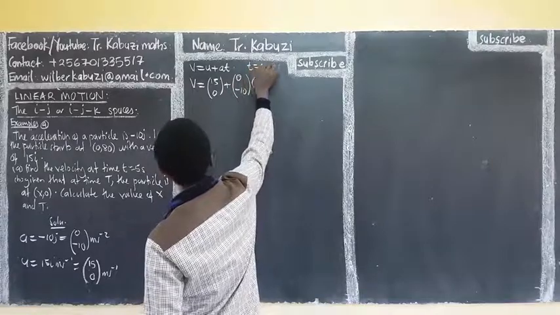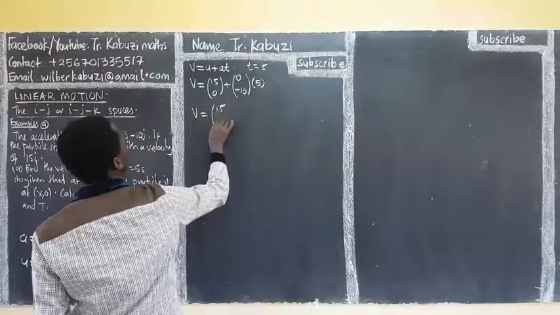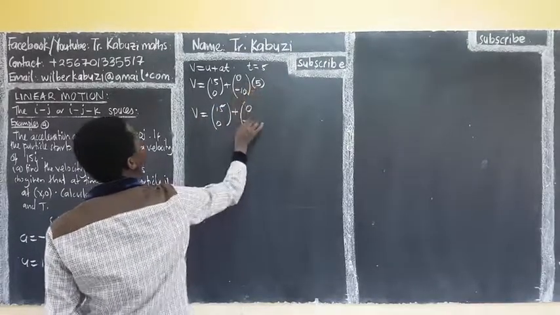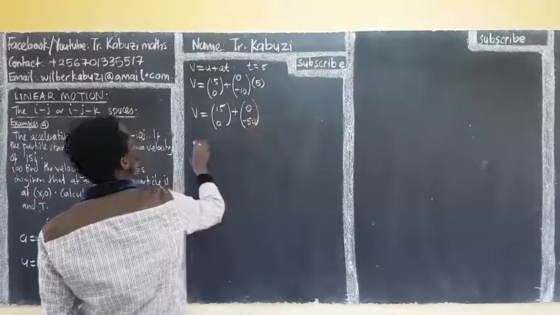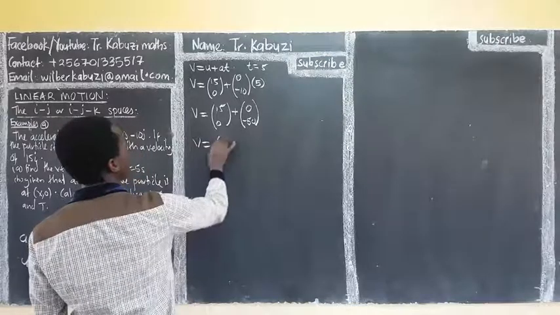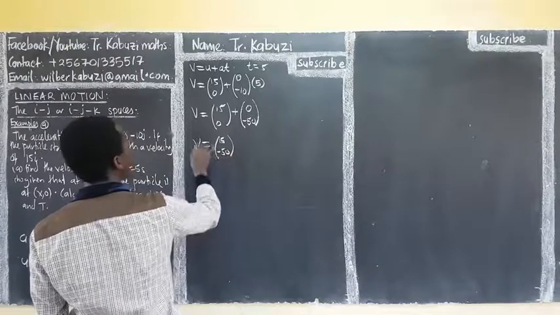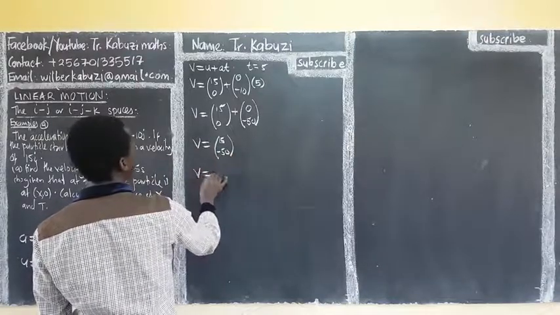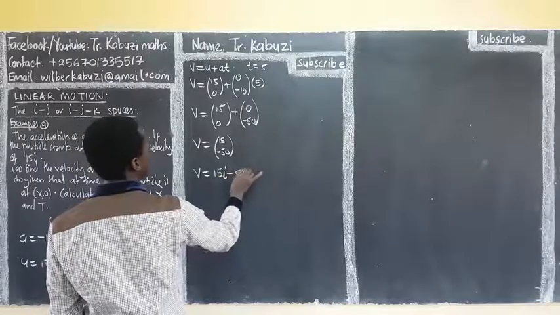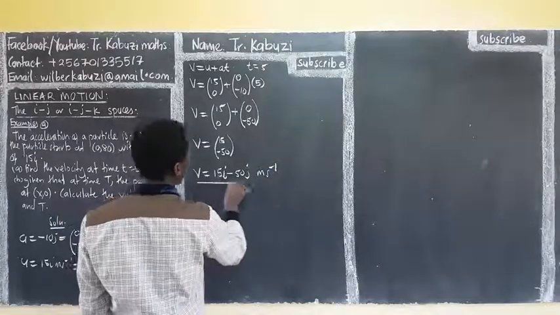Our t is 5 from that question. So my final velocity here will be 15, 0, plus 0, minus 50. And so my velocity here is going to be 15, then negative 15, which I can easily write as 15i minus 15j.